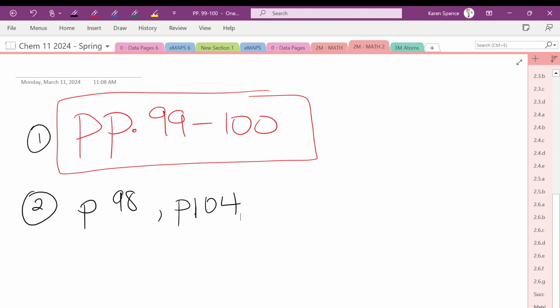The unknown is feathers, and the initial is 365.25 days. So that's our initial. You could either say 1 year or that many days, it doesn't matter. You need to start with days and finish at feathers.